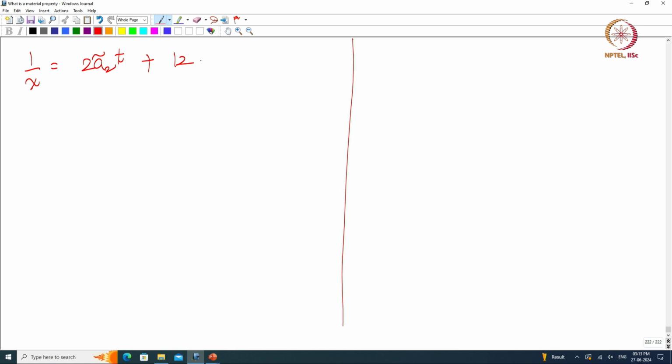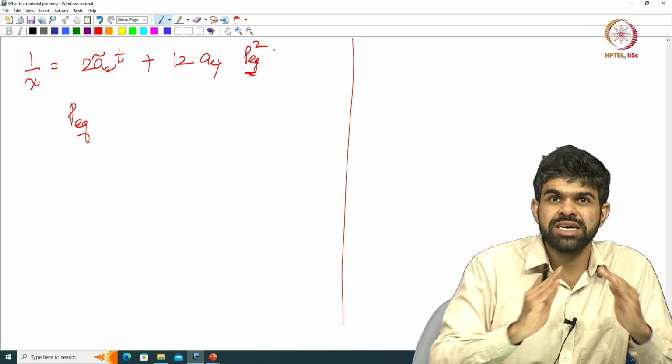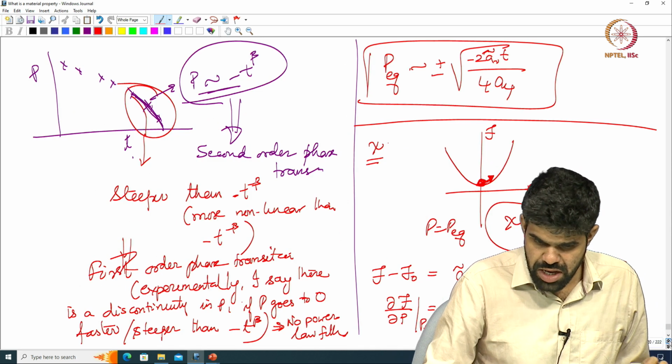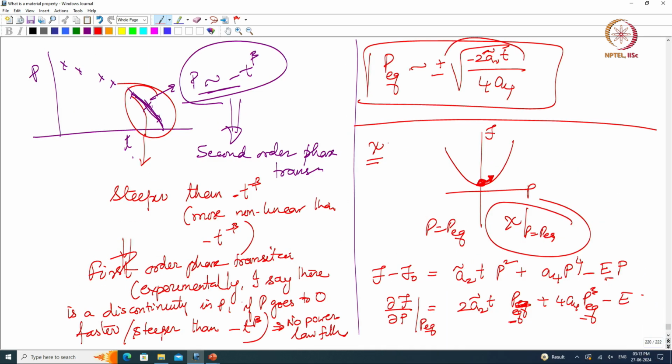12a4 p equilibrium square. Now, what is p equilibrium? As I am approaching, p equilibrium also approaches 0. I am limiting towards 0, but its real value, going towards 0 from the low temperature, is minus 2a2 t by 4a4.